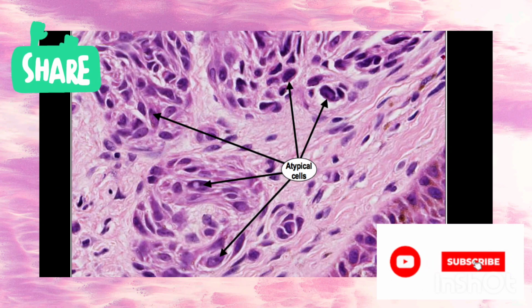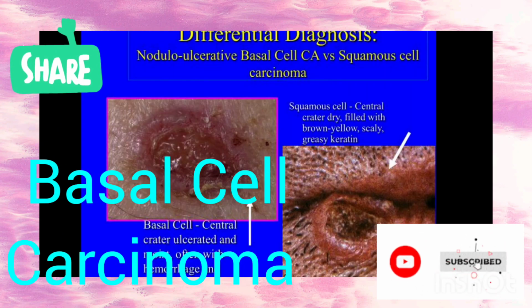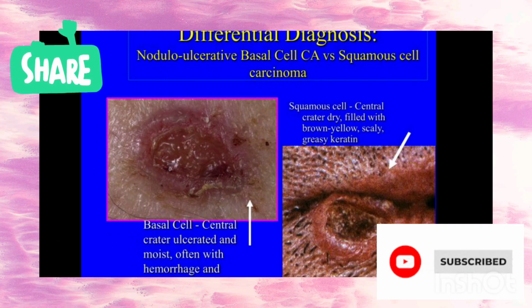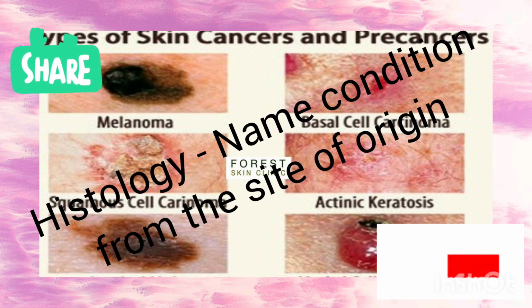Then we also have basal cell carcinoma. Basal cells are the round cells found in the lower epidermis. When we talk about basal cell carcinoma, we named it basal cell because of the cell it originates from. Most times in histology, we name malignancy based on the sites we are seeing them.